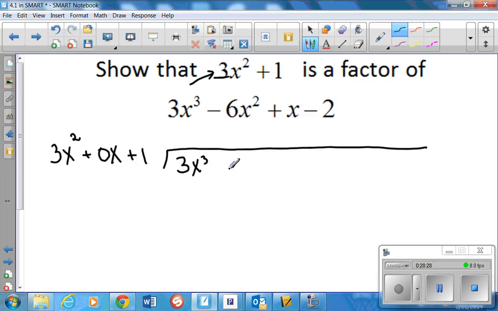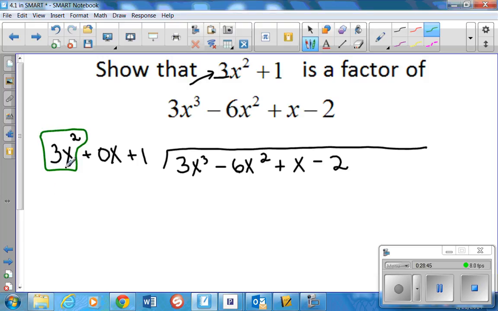I've got a cubic, I've got a squared, I've got an x, and I've got a constant. So I'm going to ask myself, now I've got a big man who's the bossy guy.